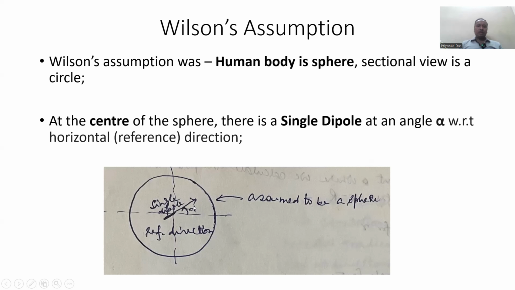This is that single dipole acting inside our body at the center, and this is the sphere. Wilson assumed the human body is a sphere, and we take a sectional view of the sphere, which becomes a circle.